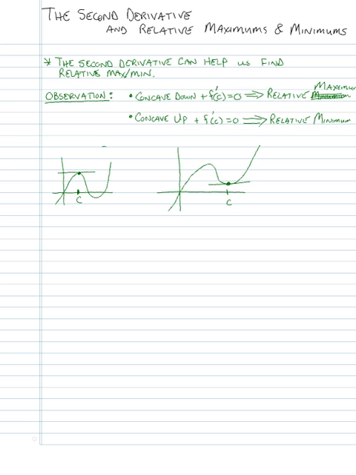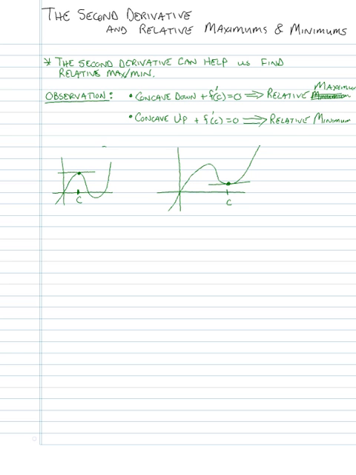So if the graph is concave up and we have this horizontal tangent line, then the graph has to have a relative minimum. So concave up is telling us we have a relative minimum, concave down is telling us we have a relative maximum. But of course, this has to do with critical numbers where the derivative is not undefined, but where we have a horizontal tangent line. So the critical numbers are where the derivative is 0.